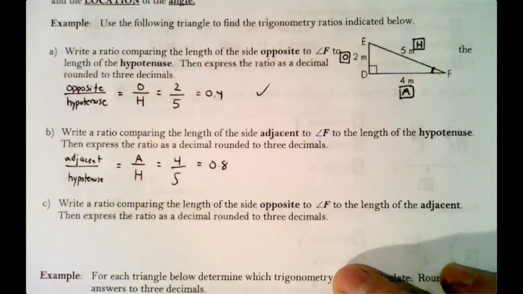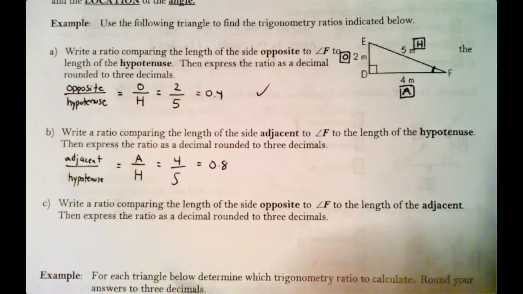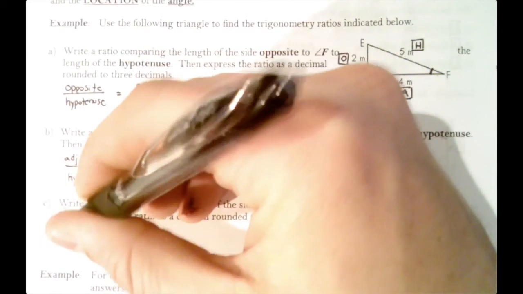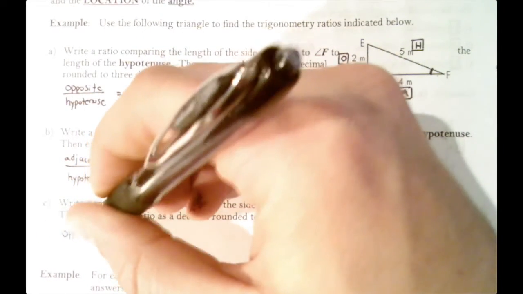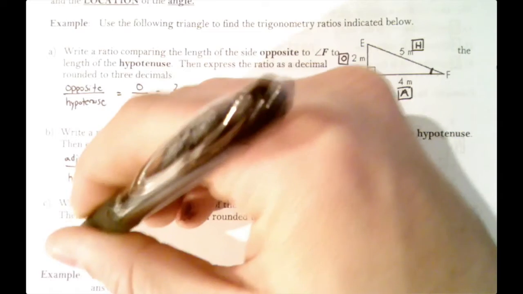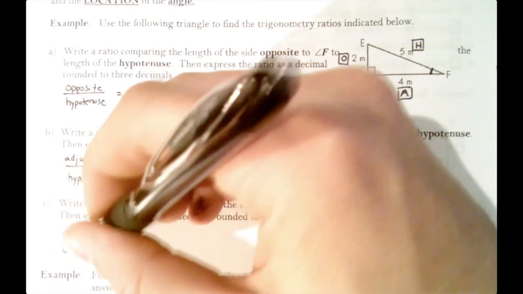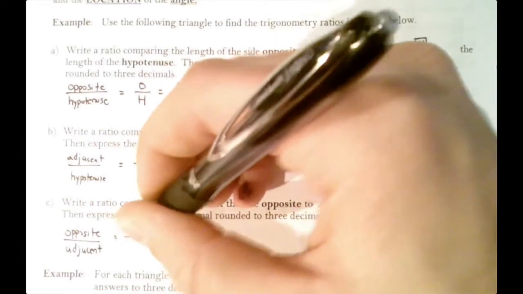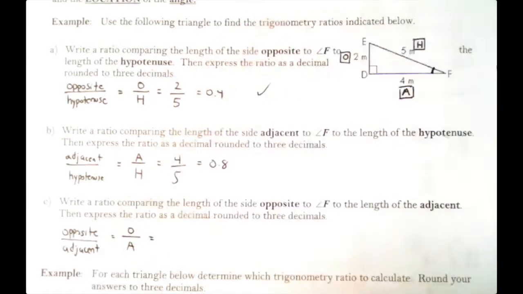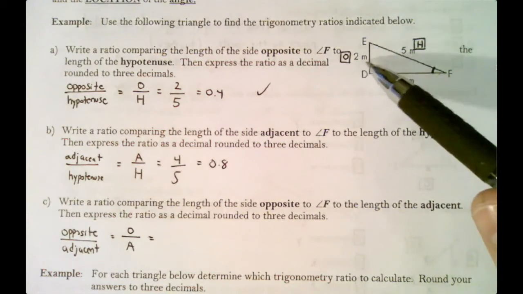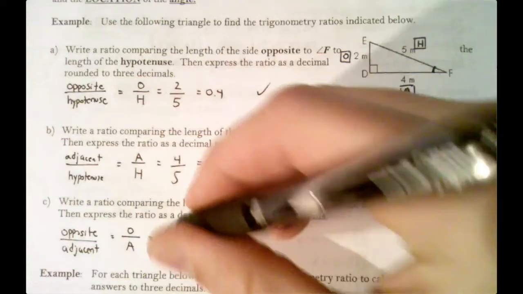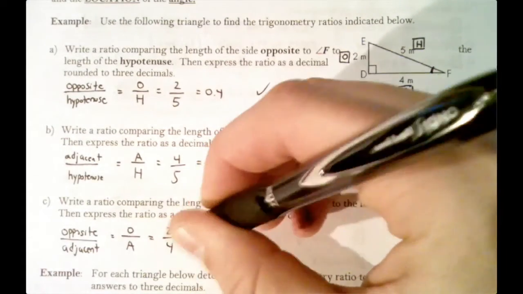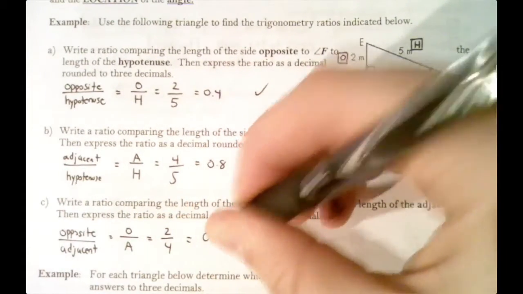And our last ratio is O over A, opposite over adjacent. Opposite side is 2, the adjacent side is 4, so we got 2 over 4, which is 0.5.